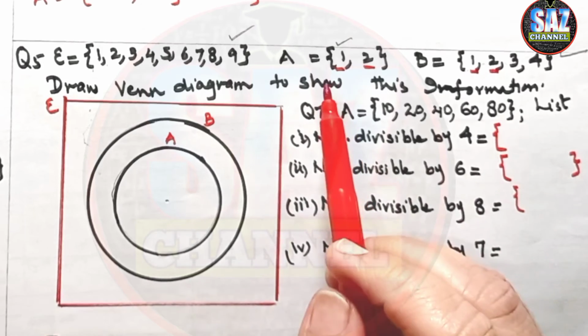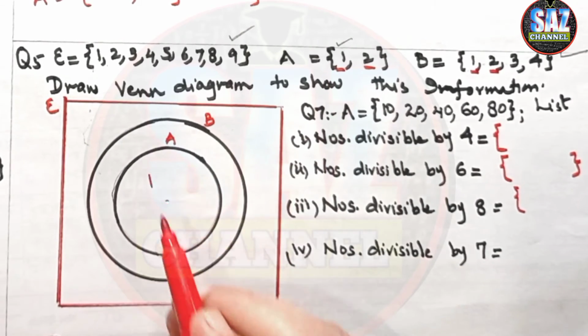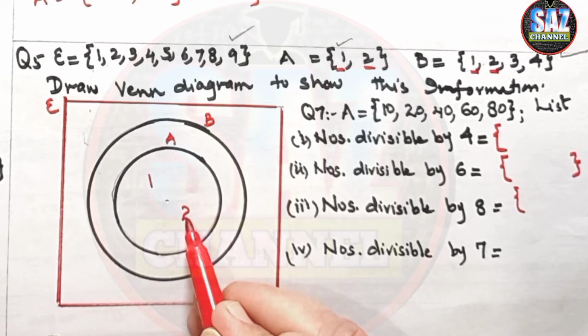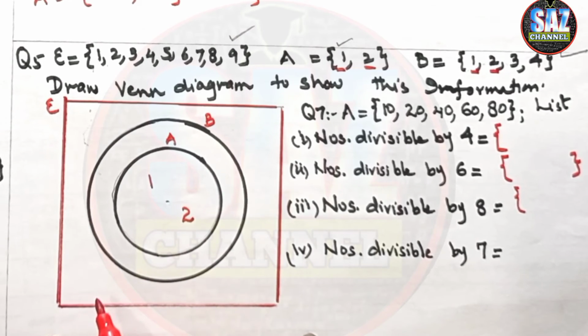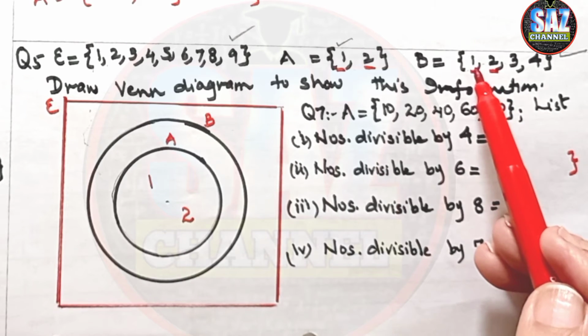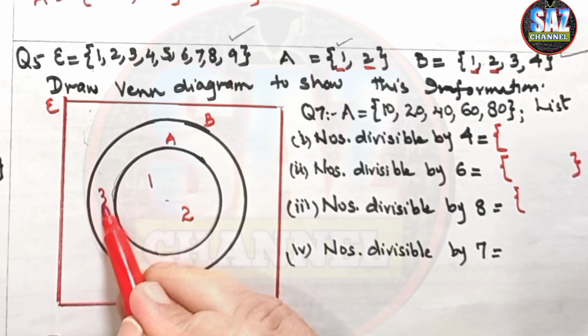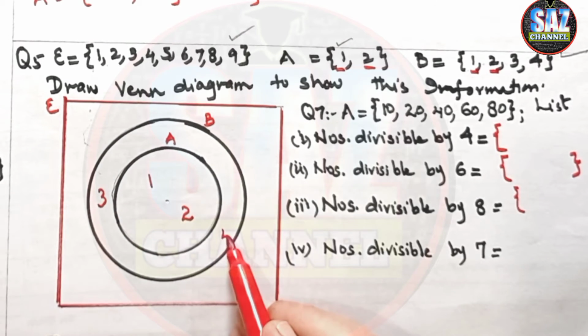So A is a subset of B. So elements of A will be written inside this circle, and this is the situation of the subset case. We will just be drawing two circles, and the inner circle will be the subset. Now B is the superset of these two sets, and out of the 4 elements of B, I have written 2 elements here. So in B I will write 3 and 4 only.